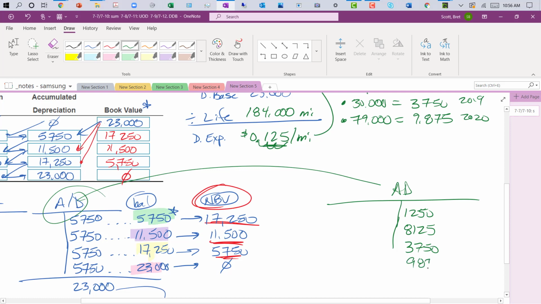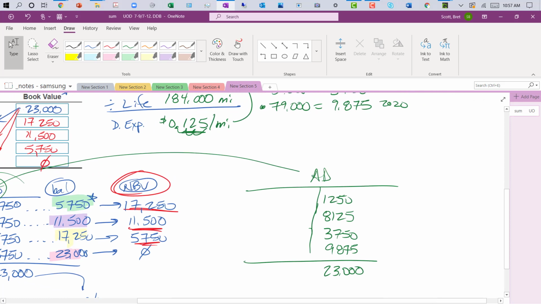There's no residual value, so imagine if we add up all those numbers, guess what we're going to get? $23,000. Okay. So what's the balance? Just going to keep a running total of the balance in this case. So 1,250 is my accumulated depreciation balance. 9,375. 13,125.